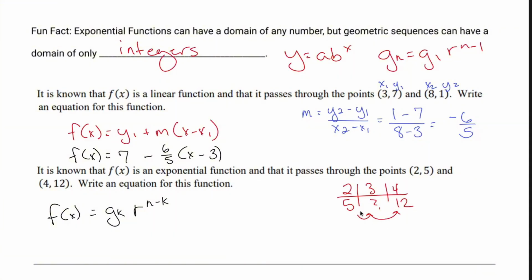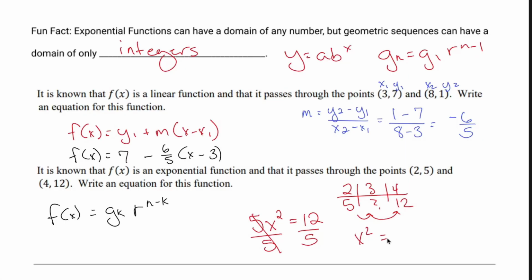So you basically say 5 times what is going to be 12. So you're going to write out 5 times what equals 12. Because it's exponential, you're going to divide both sides by 5.